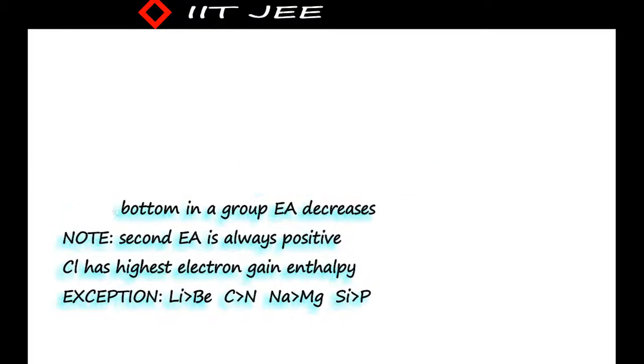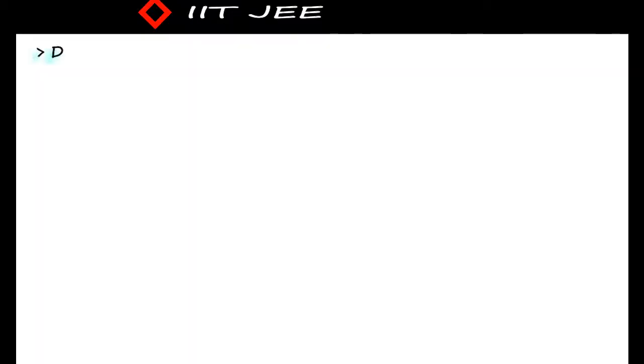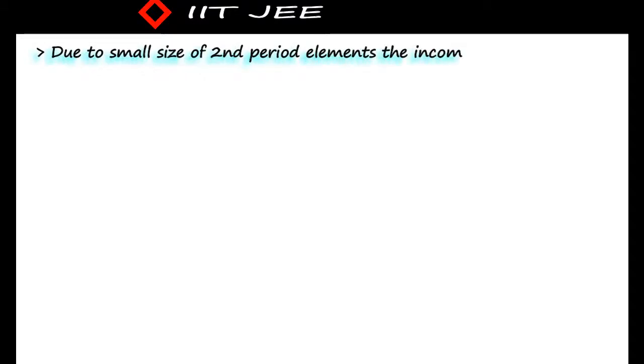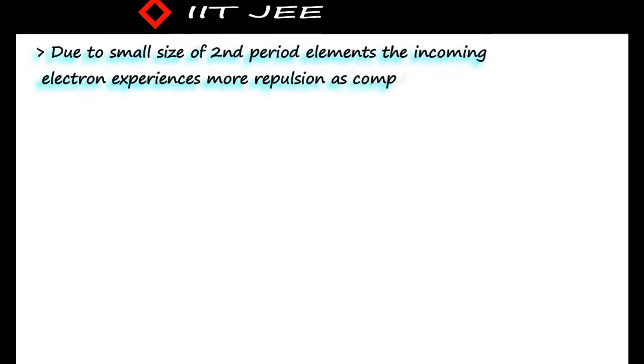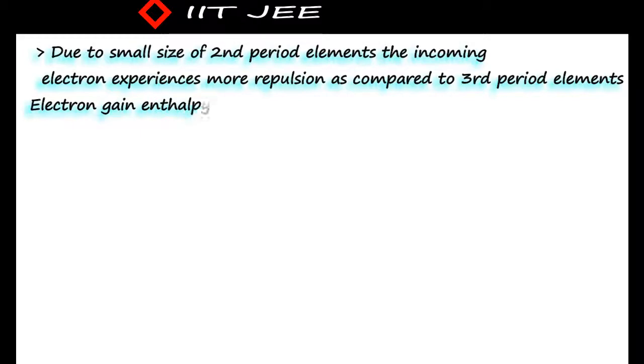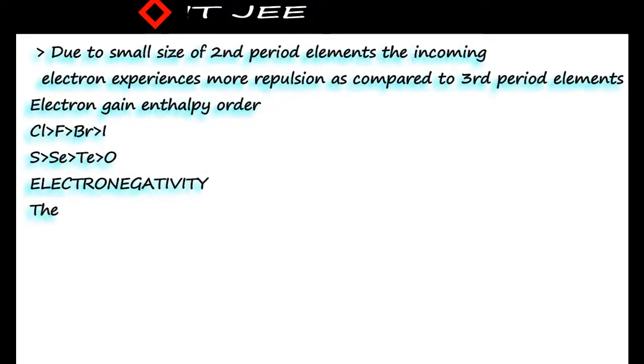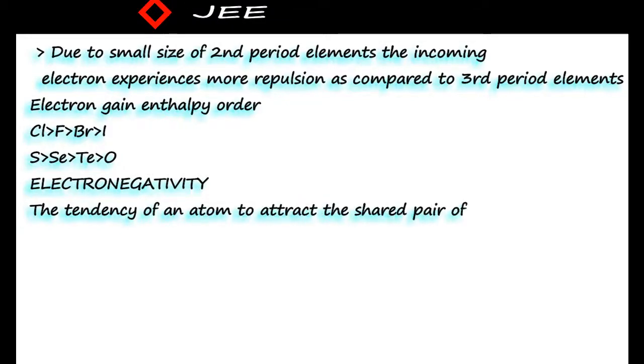Exception. Due to small size of second period elements, the incoming electron experiences more repulsion as compared to third period elements. Electron gain enthalpy order: chlorine, fluorine, bromine, iodine, and sulfur, selenium, tellurium, oxygen.